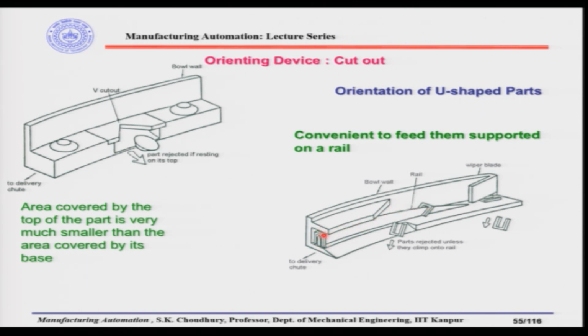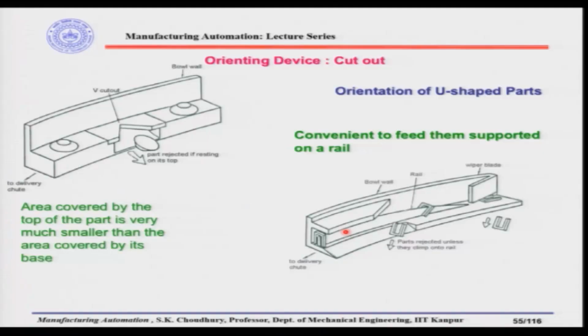Let us say this is the desired orientation. So all the parts coming through the rail will be of this desired orientation. The idea is that parts are rejected until they climb into the rail, and that way we ensure they reach the delivery chute in the right orientation.